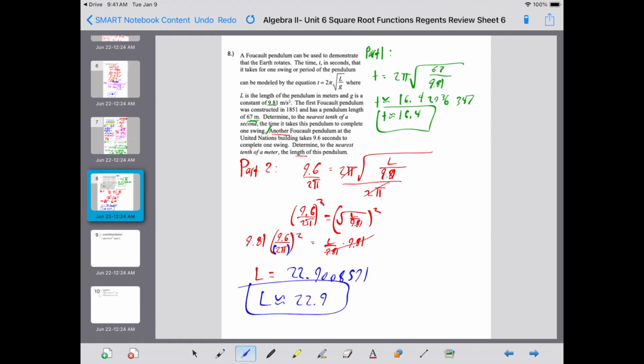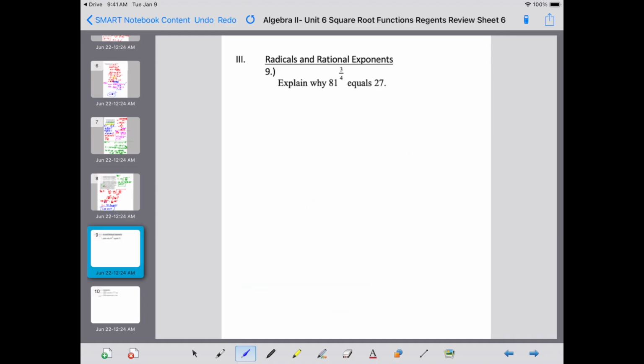Okay. Radical and rational exponents. This is an easy one. Explain why 81 to the 3 over 4 equals 27. So, remember, x to the m over n equals the nth root of x to the m, or vice versa. It could equal the nth root of x to the m, right?